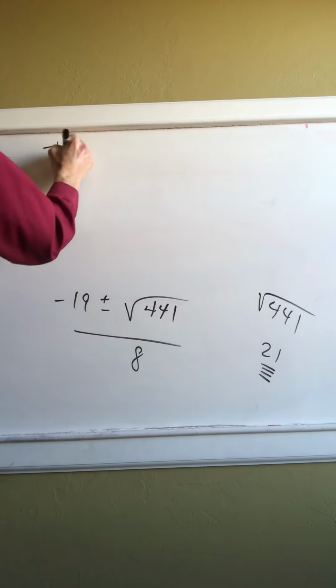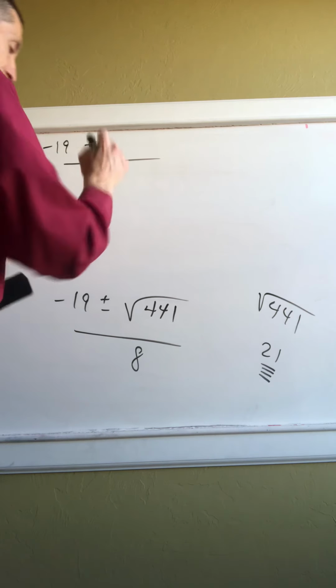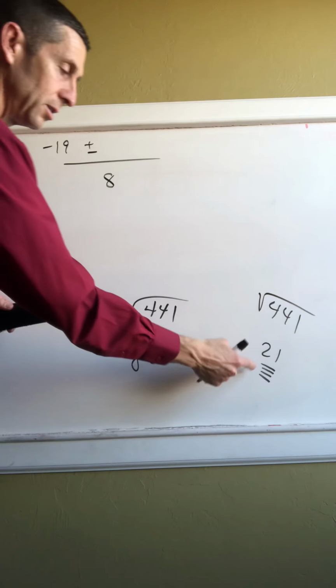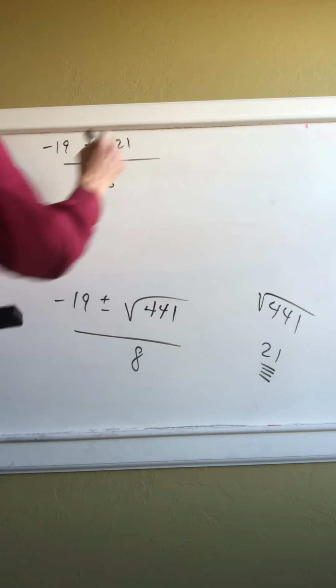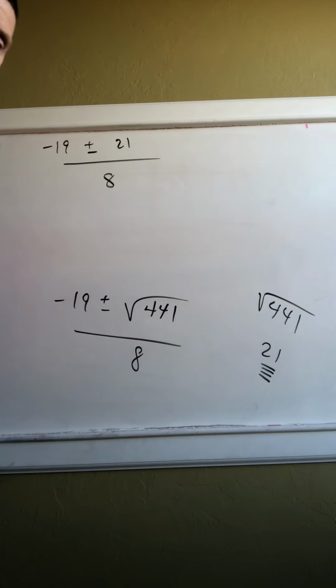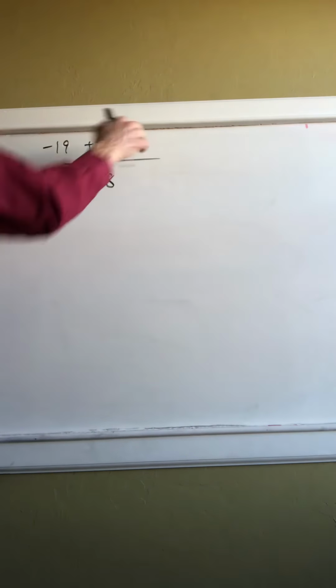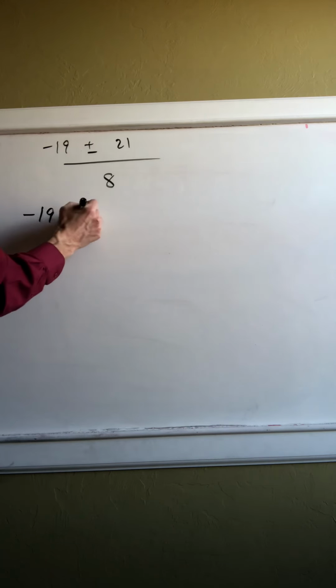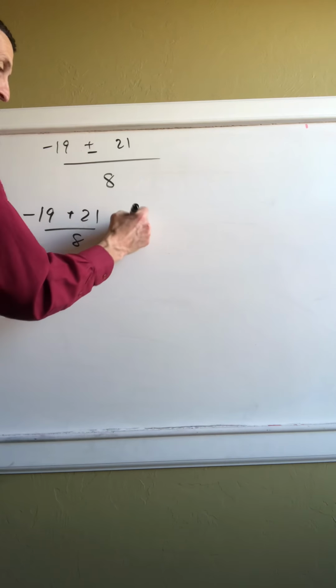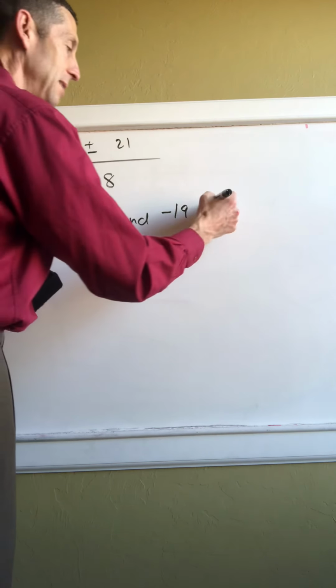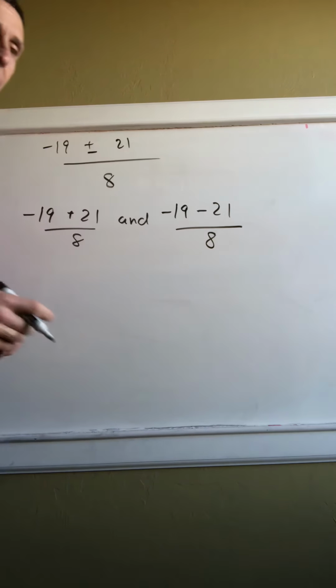Let's get this. So negative 19, there's my plus or minus, there's my 8. The square root of 441 gives us 21. So the numbers look a little intimidating, but we're close. Let's run our split: negative 19 plus 21 over 8, and negative 19 minus 21 over 8.